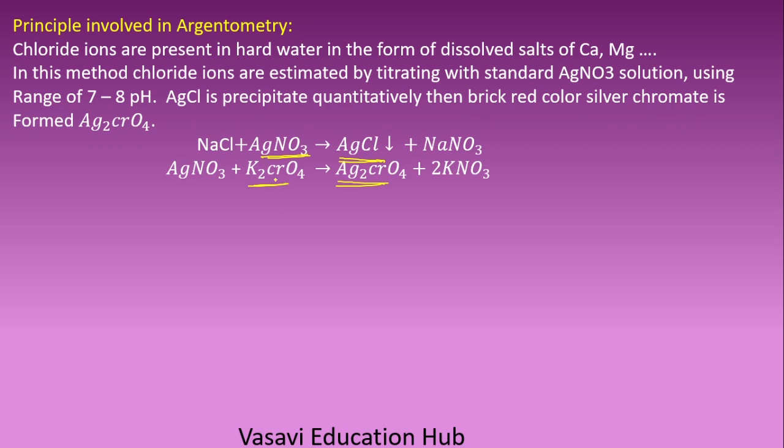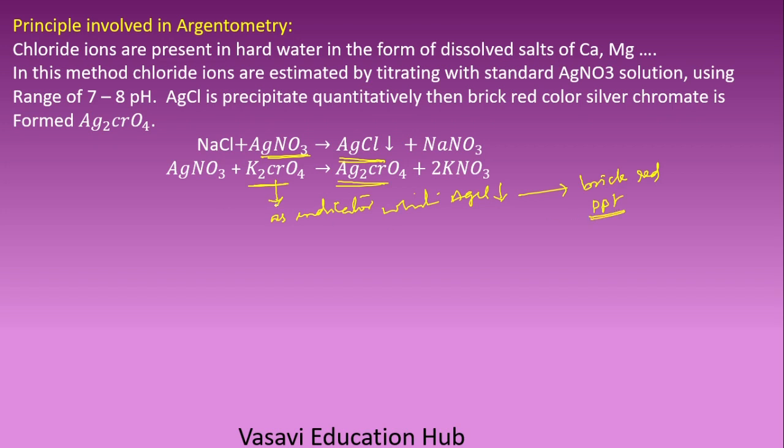So we are adding potassium chromate as an indicator. Its color changes from white, which is AgCl, to brick red color. After the formation of the brick red precipitate, you stop the burette reading.